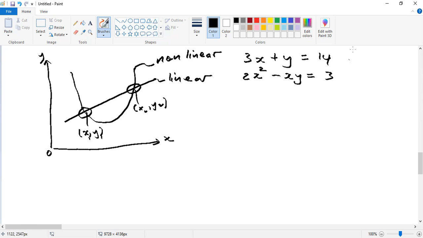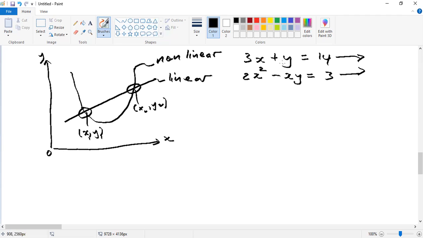For this one, you have to use a substitution method, which is to make x or y the subject of the formula for the linear equation, and then substitute it in the nonlinear equation, right? Of course, some people could say you could substitute the nonlinear into the linear. I've never tried that, but it should work.